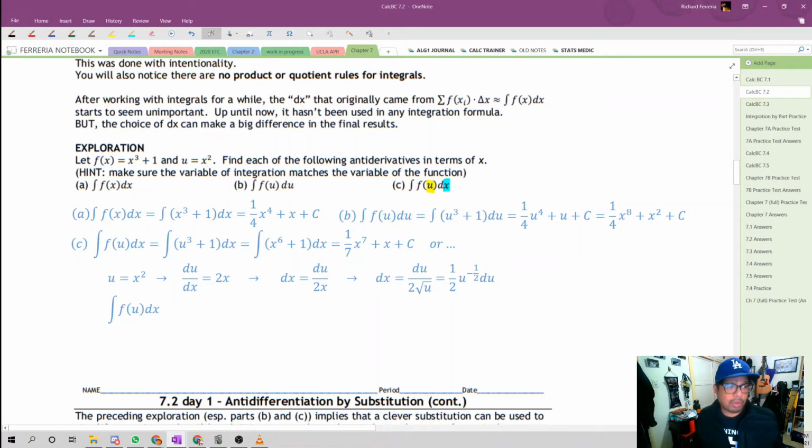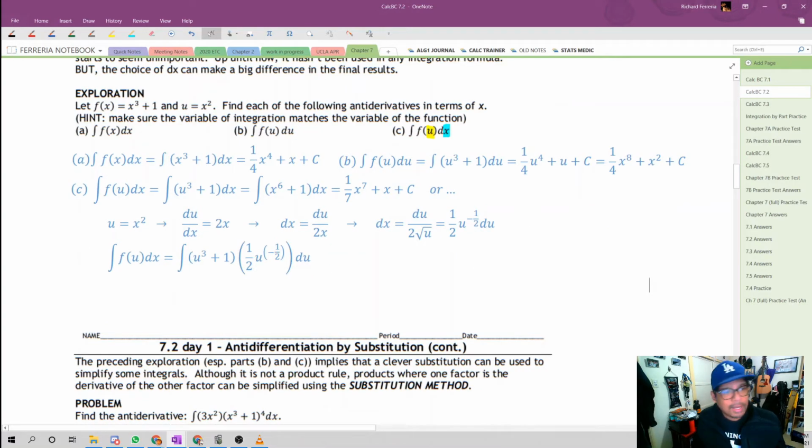Now my integral of f of u dx is going to simplify into u cubed plus 1 multiplied by the 1/2 of u to the negative 1/2 du. Now I'm going to distribute that all in there and then use the power rule to integrate.